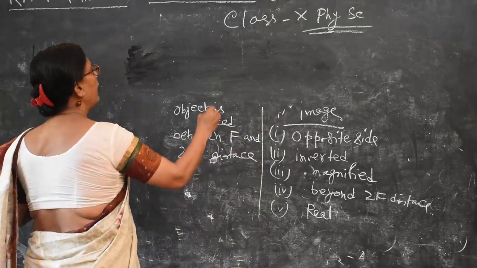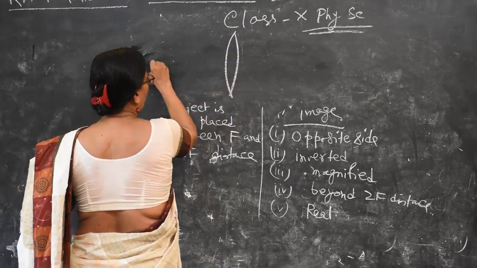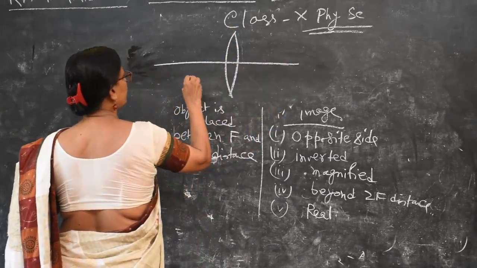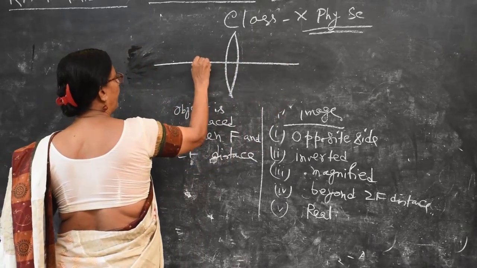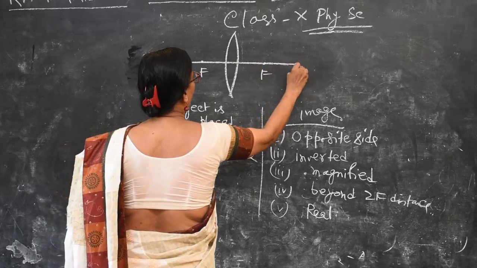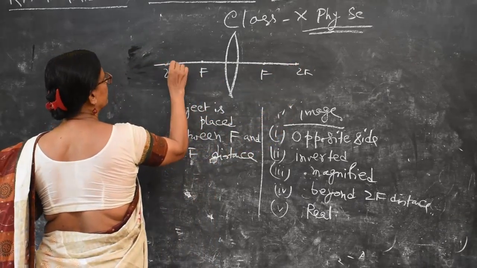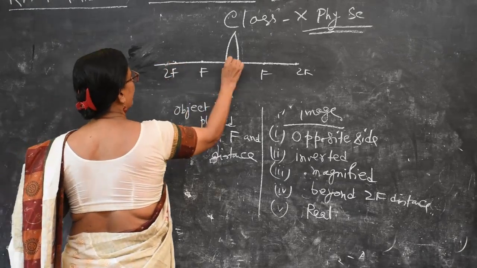Now see this one. Again we draw a triangle, a thin lens. We draw F. This is F, this is 2F, and this is O.